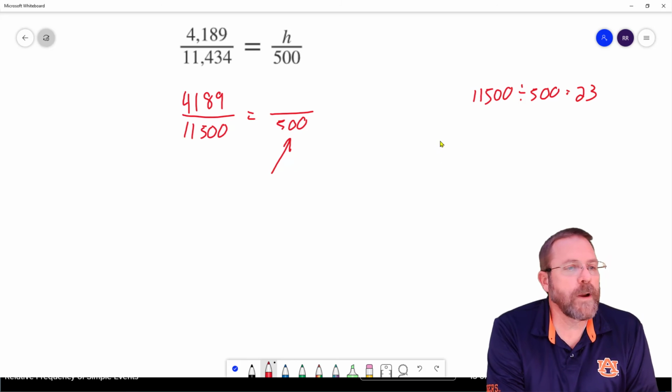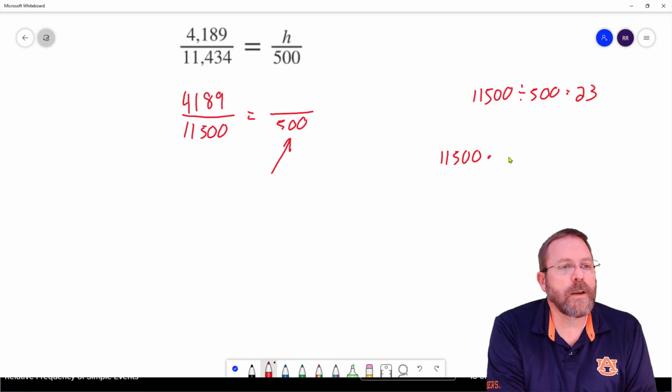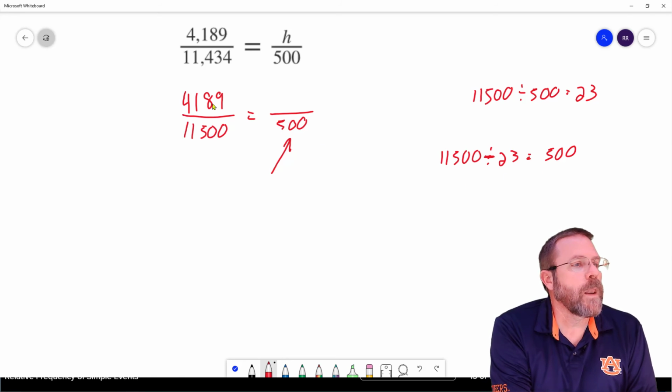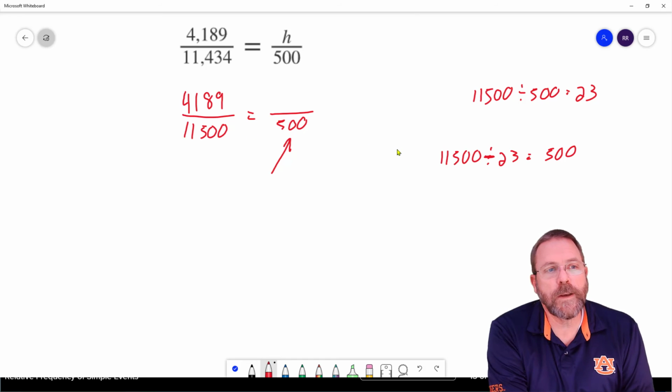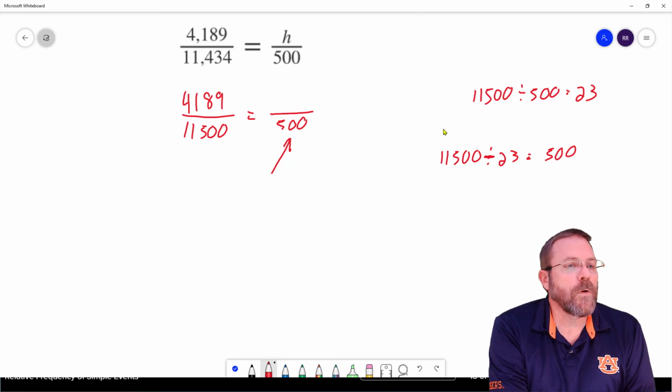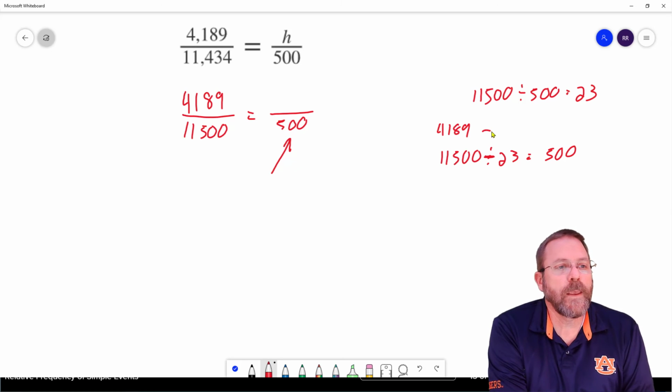Now you could rewrite that as 11,500 divided by 23 is equal to 500. Likewise, if I'm dividing the number on the bottom by 23 to get to its answer, we could also go up here to that 4,189 and divide it by 23 as well.